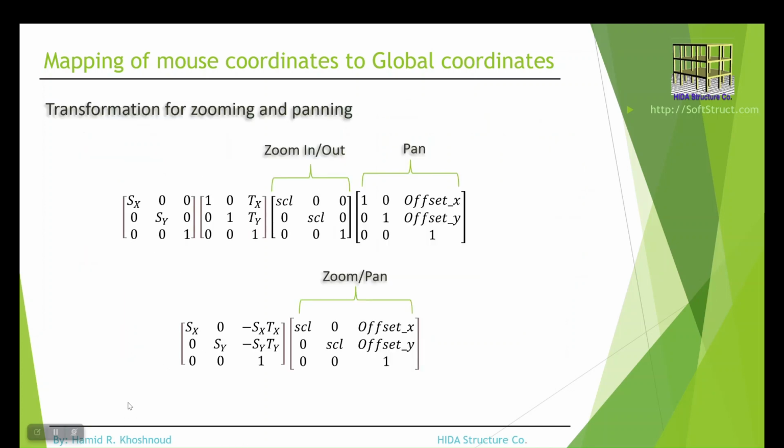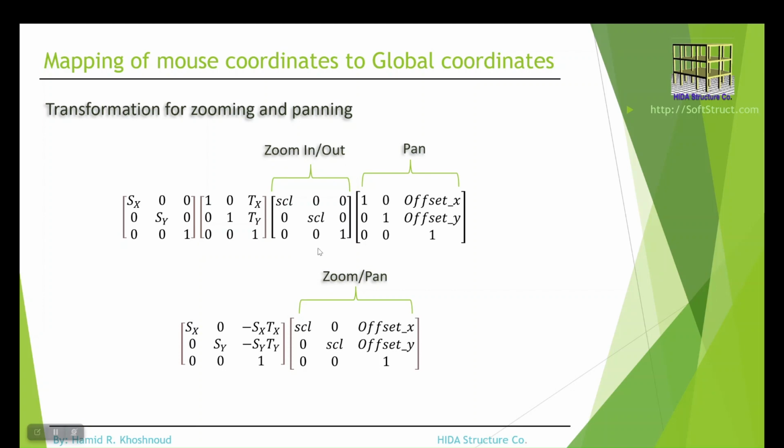In the final step, we apply zooming and panning actions of the mouse. In most cases, we need to zoom and pan the view of the model, which must be considered during our transformation process. Zooming action can be represented by a scaling matrix where SCL is the zooming coefficient, for example 1.11 and 0.9, and it can be applied using the mouse wheel action.